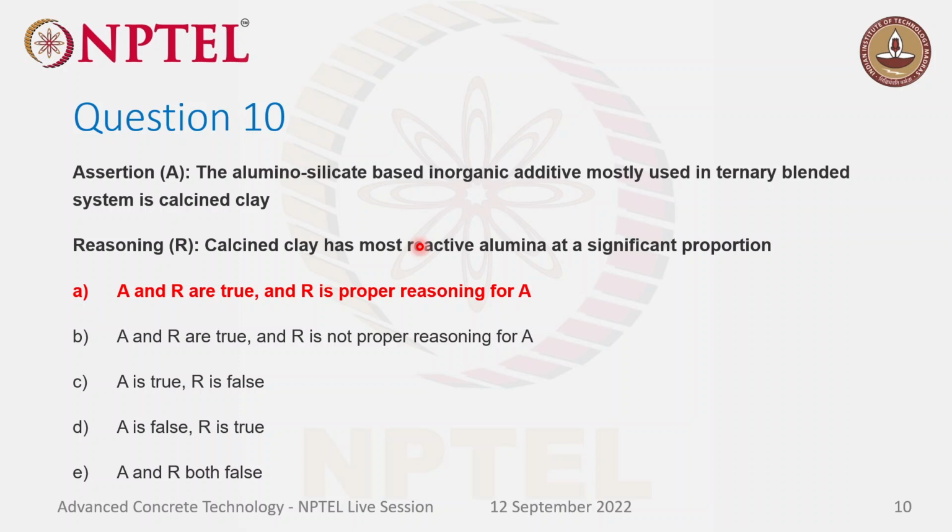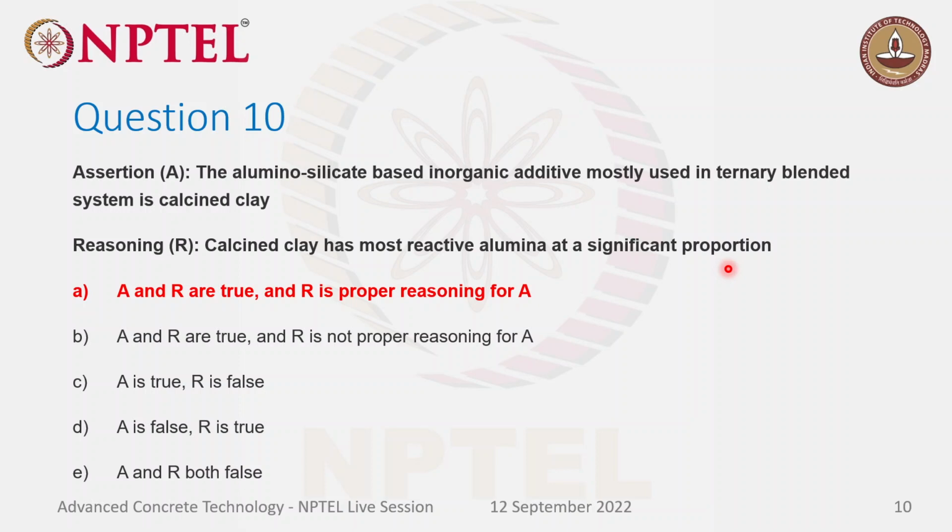If we replace that much non-reactive material, it's not going to help with formulating the binder. So we need a reactive system. Calcined clay has both reactive silica and reactive alumina. That is the reason why we go for calcined clay for a ternary blended system. So the reasoning is that calcined clay has most reactive alumina at a significant proportion.